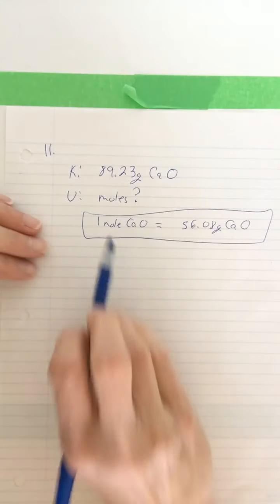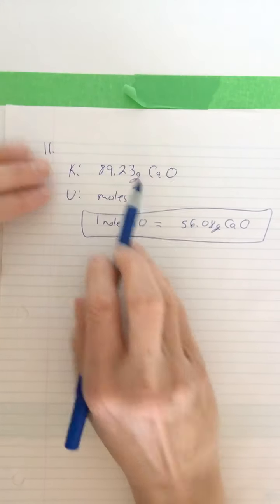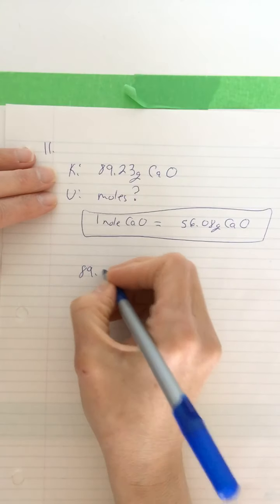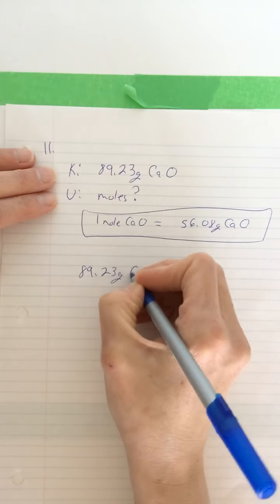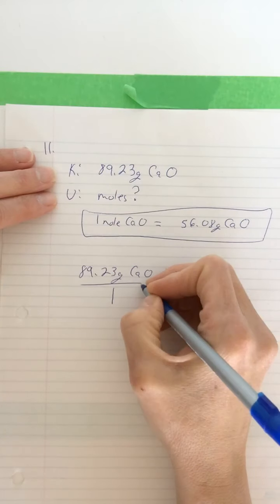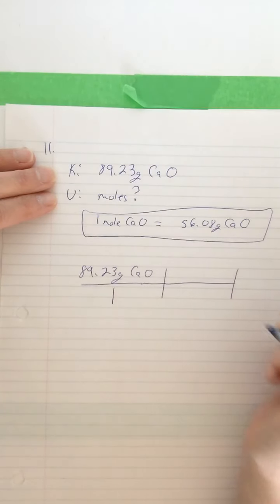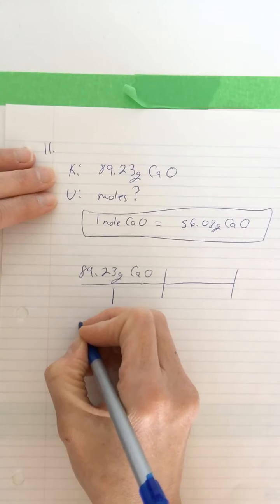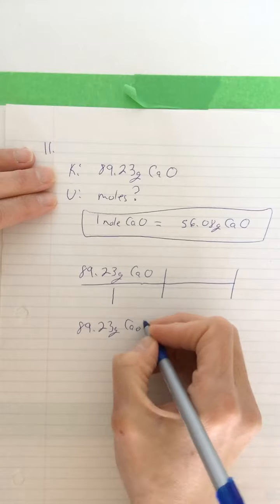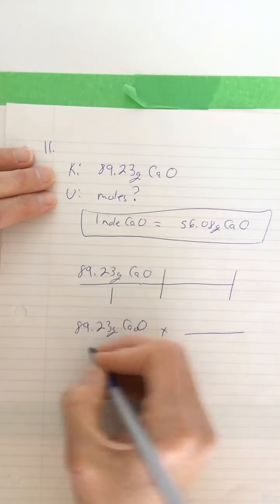Okay, so let's look. What do we always do? We always take our known and put it over 1. So I say 89.23 grams of CaO over 1. Put the bunk beds out, or you can do it this way. CaO, sorry, the O should be bigger, times something.